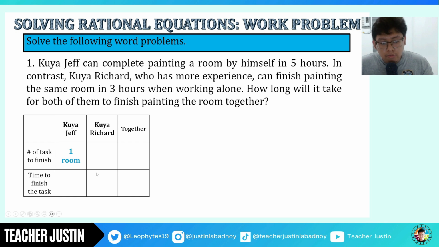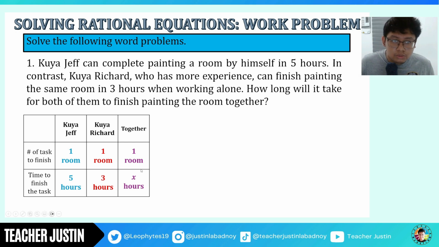It will take him 5 hours to finish one room. Kuya Richard has one room to finish, the same room, and he can finish it in 3 hours. Now the question is, if they work together painting the one room, how many hours will it take for them to accomplish the task?